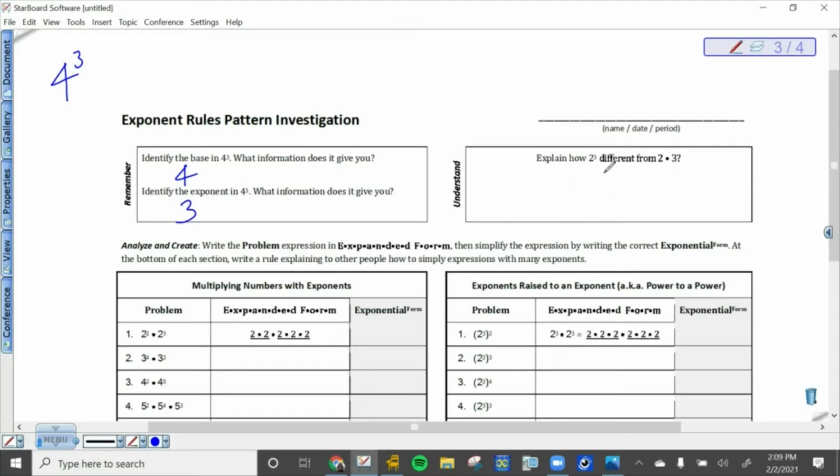Okay, and then what about this? What is the difference between 2 to the 3rd power and 2 times 3? What is 2 to the 3rd power equal to? That's 2 times 3. 2 times 3 is equal to 6. What's 2 to the 3rd power? How do we write that in expanded form?